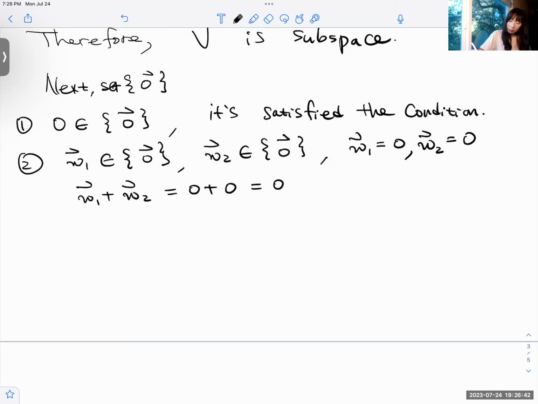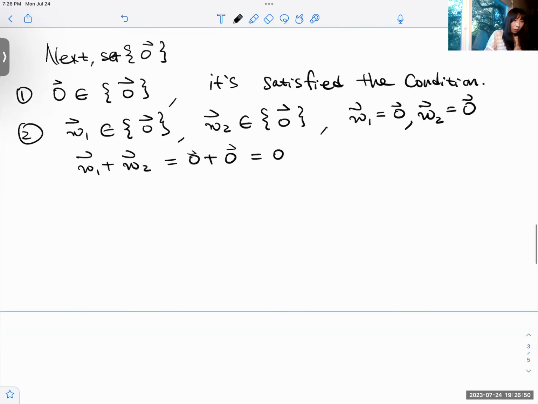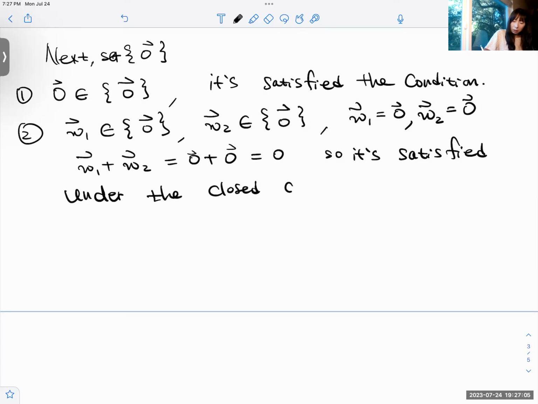So the zero vector satisfies closure under addition.